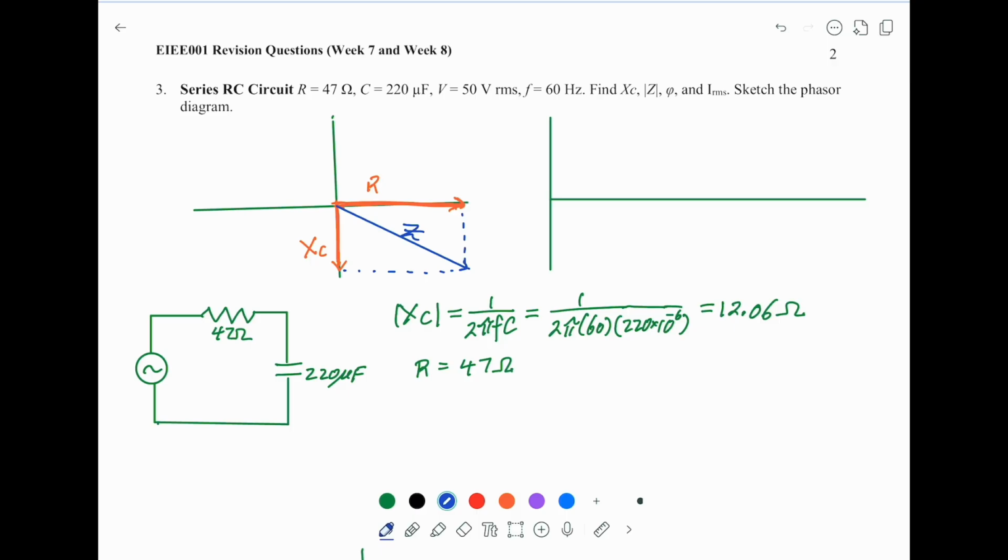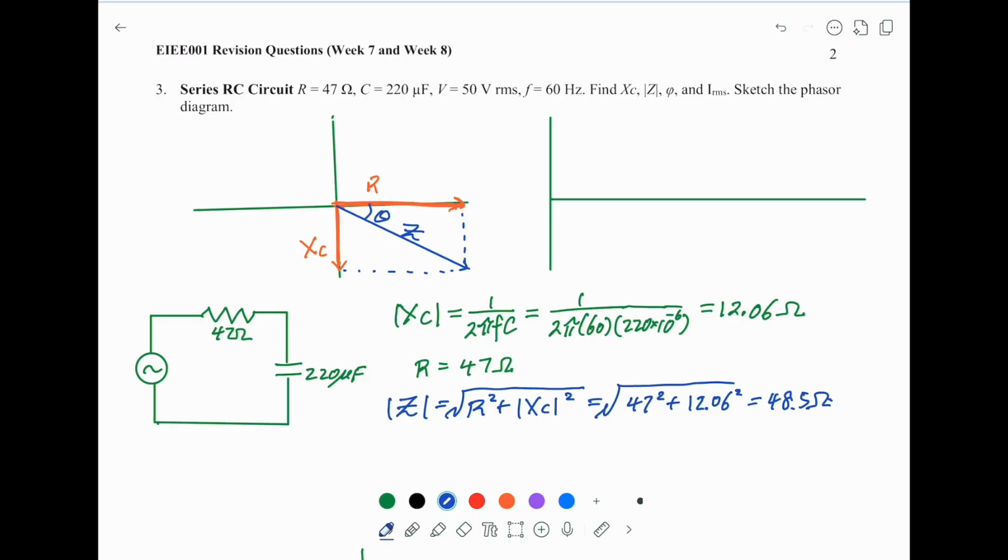And of course, the magnitude of Z is equal to the square root of R squared plus the magnitude of XC squared, and this is 47 squared plus 12.06 squared, and it is equal to 48.5 ohm. Now we also need to find the angle.